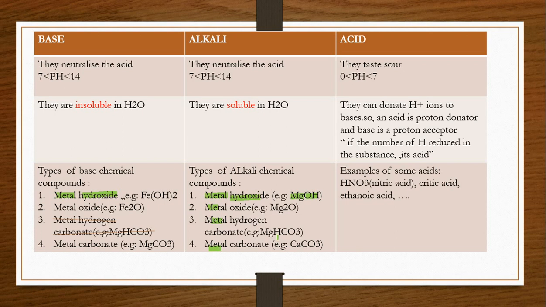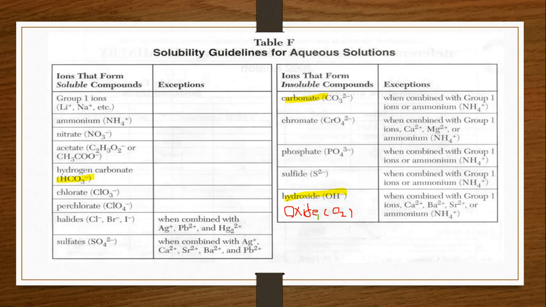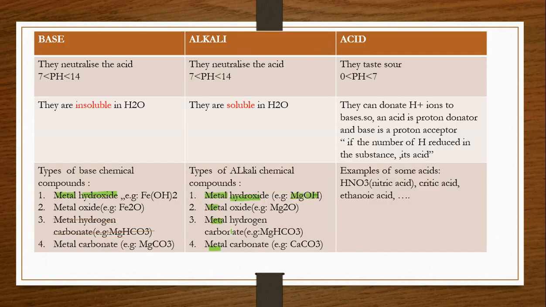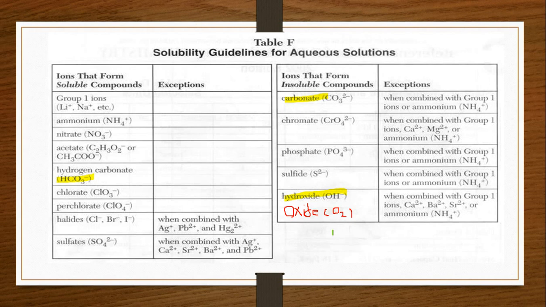I make a quick note here that our table was lacking oxide, because we will come across oxide in our compounds. Therefore, I added oxide there because oxide follows the same rule as hydroxide. It is always insoluble except when it combines with group 1 ions and all these things here.